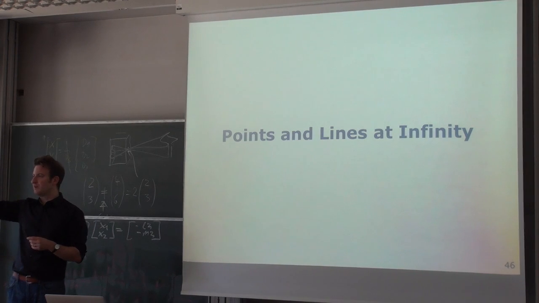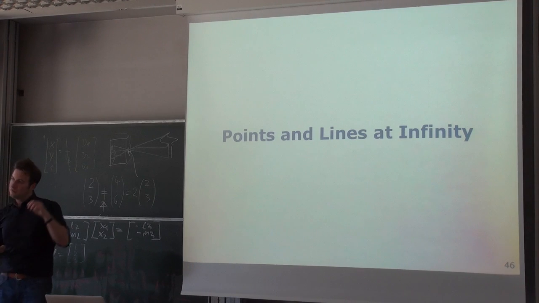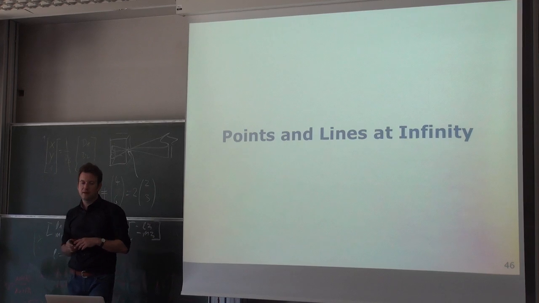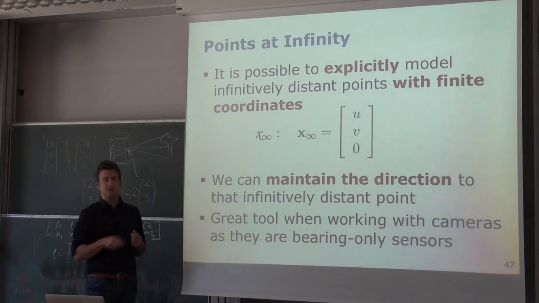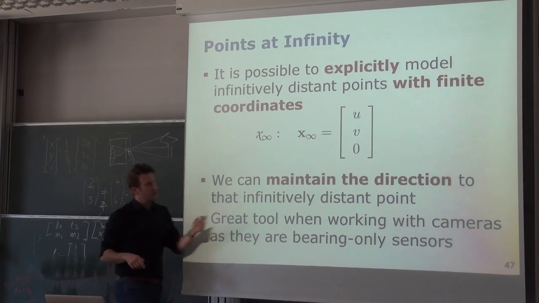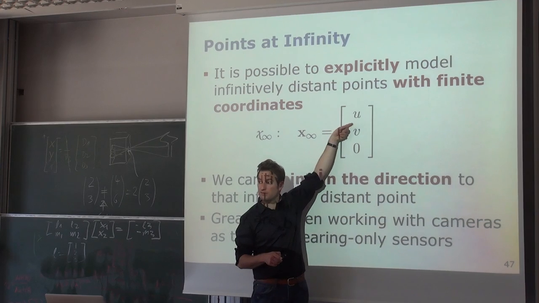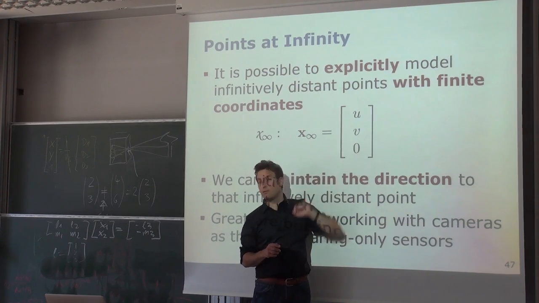So we are still maintaining the direction, the first n dimensions, and putting the last one to 0 moves this point infinitely far away. So we have this thing which is called points at infinity, or sometimes written x infinity, which is the point with 2 coordinates here, and both of them cannot be 0. Only one can be 0. And the last component is 0.